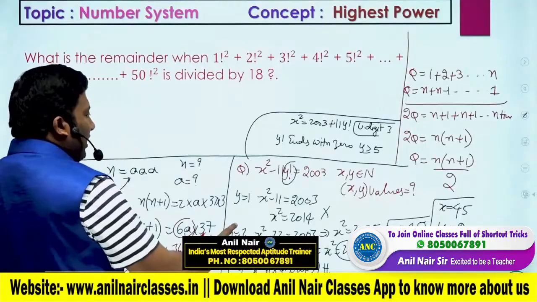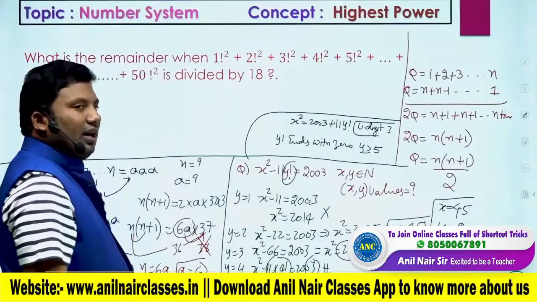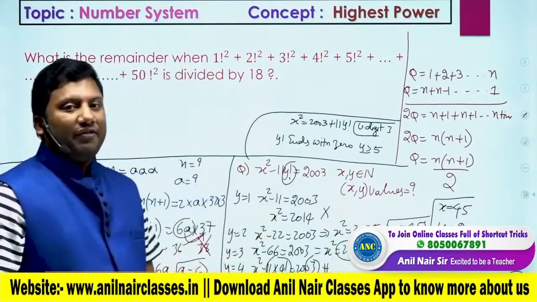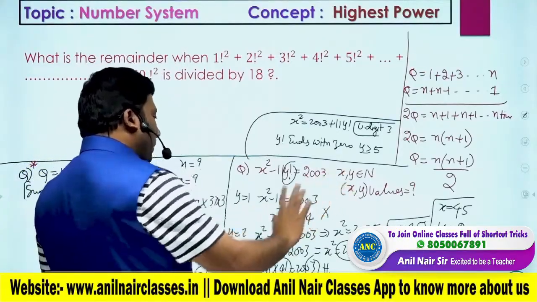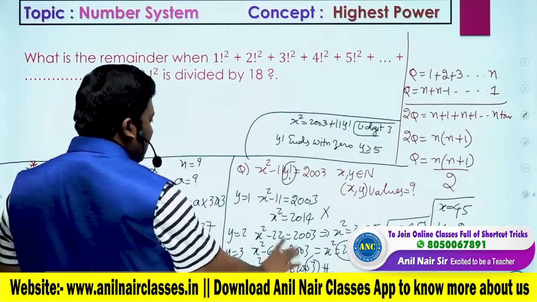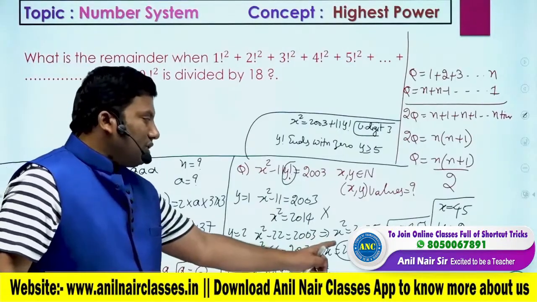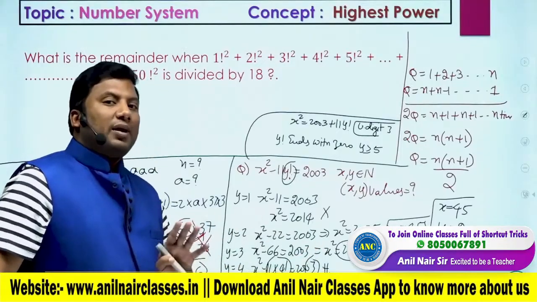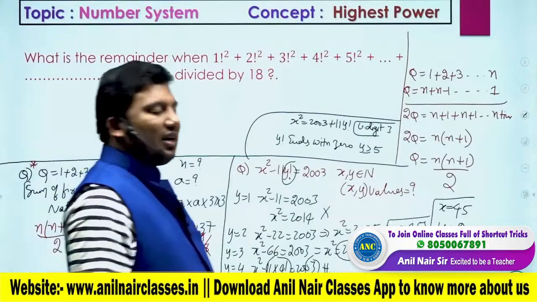Second option, x square minus 22 is 2003, x square is 2025, x is 45. 45 square is 2025. Third, y is 3: x square minus 66 is 2003. 2003 plus 66 is 2069. The digital sum of this number is 8. If it is a perfect square, it will have digital sum 1, 4, 7 or 9.